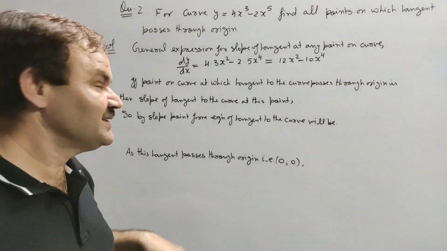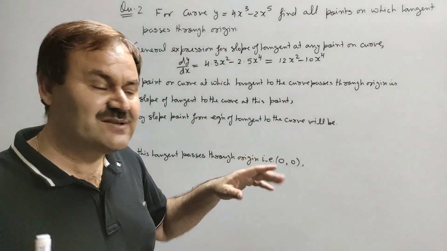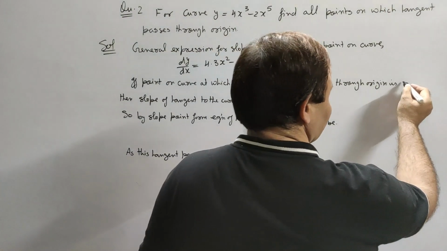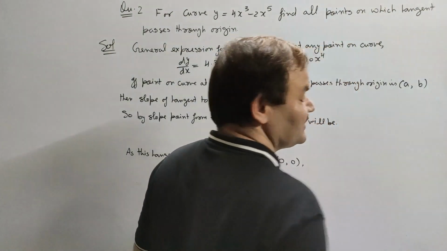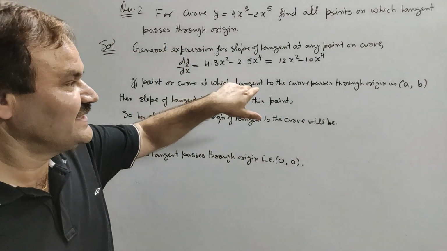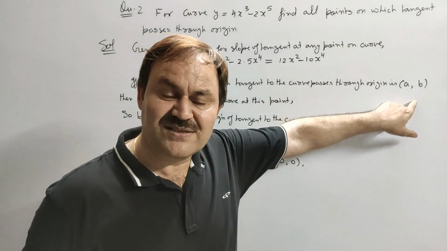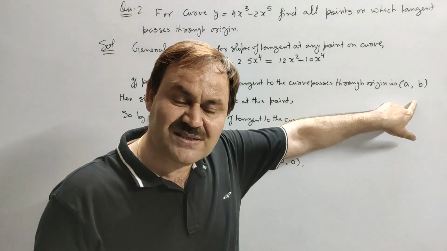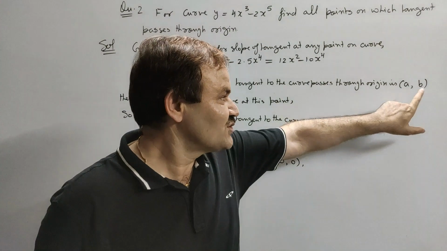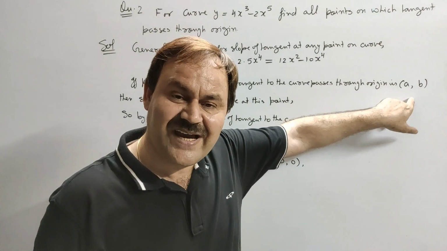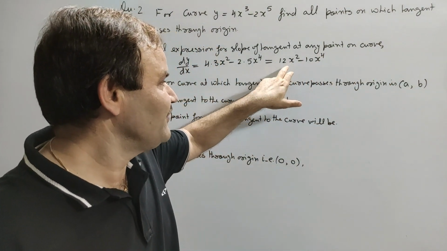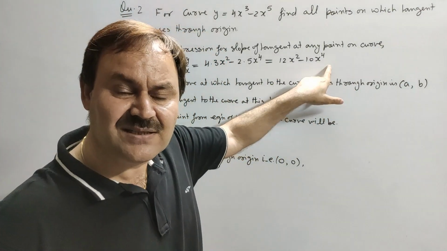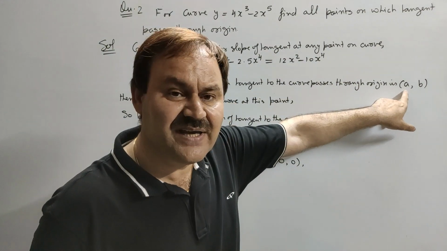If the point on the curve at which tangent to the curve passes through origin is a, b, then it means the tangent is passing through this point, and since tangent is passing through this point, slope of tangent at this point will be found by replacing x in this expression with a.